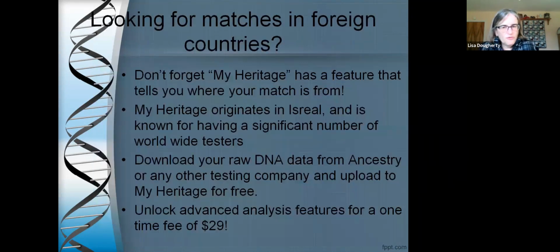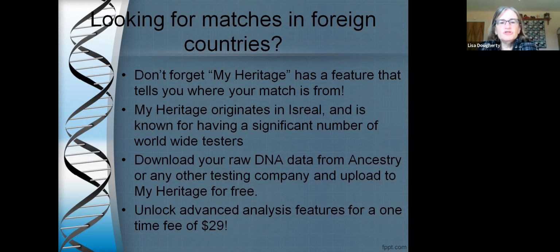So if you're looking for matches in foreign countries, if you tested at MyHeritage or if you've transferred your DNA to MyHeritage, MyHeritage has a feature on there that will tell you what country your match is from. MyHeritage also originates in Israel, and it's known for having a significant number of worldwide testers. So whereas Ancestry might not be the best for people in different countries, MyHeritage tends to have a little bit more.